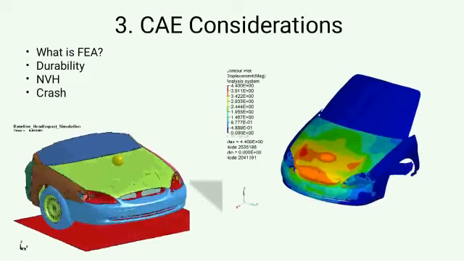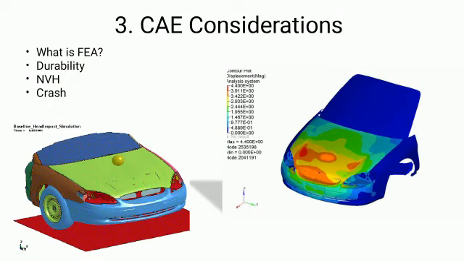Now, in this CAE, we will learn what FEA is, that is finite element analysis, and what the finite element method is. Then you come to know what durability is, what noise, vibration, harshness, called NVH, is, what a crash test is, what a penetration test is. So many things are there.